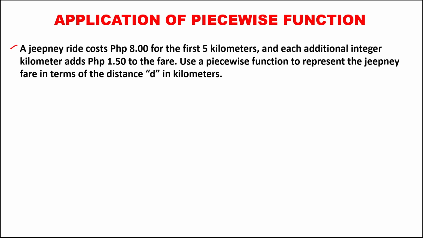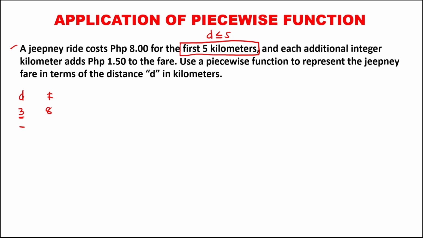So take note that for this condition, the first 5 kilometers, the distance must be less than or equal to 5. If the distance is 3 kilometers, the fare is 8 pesos because 3 is less than 5.